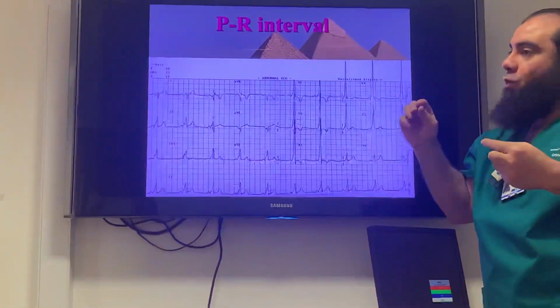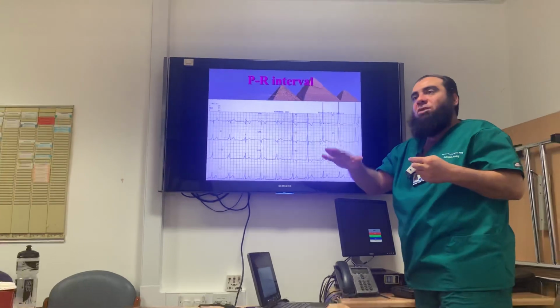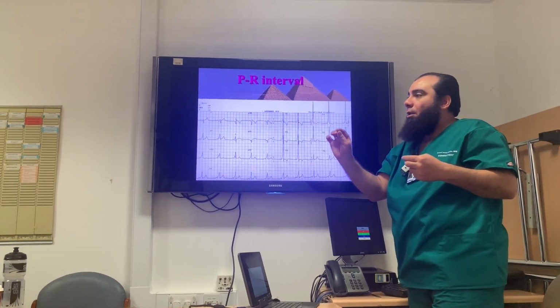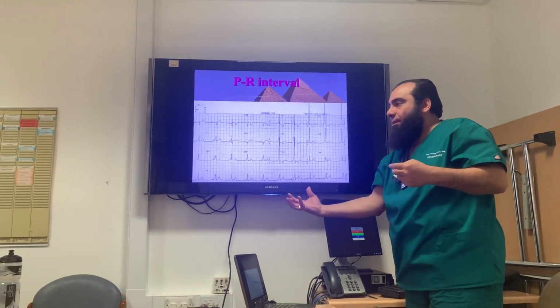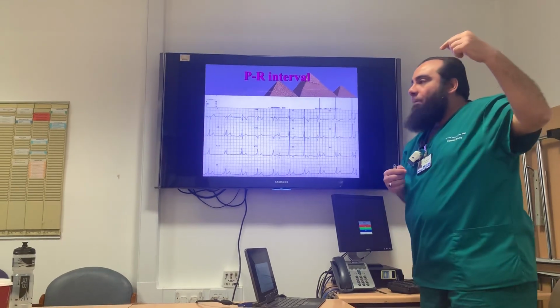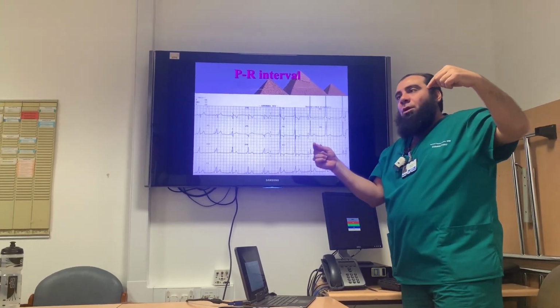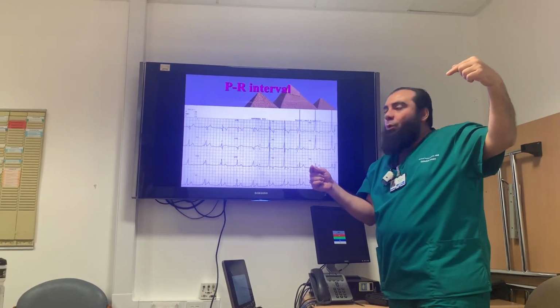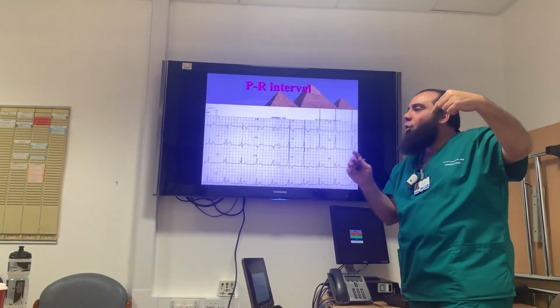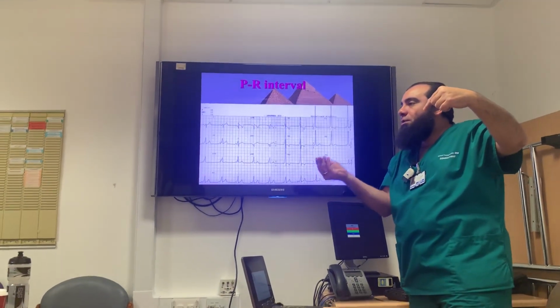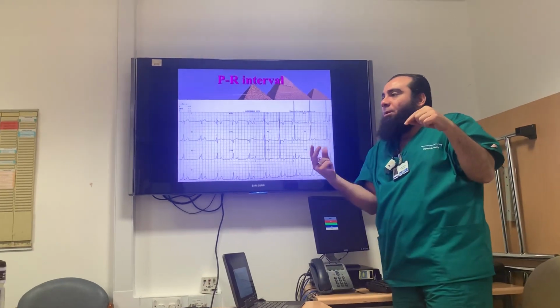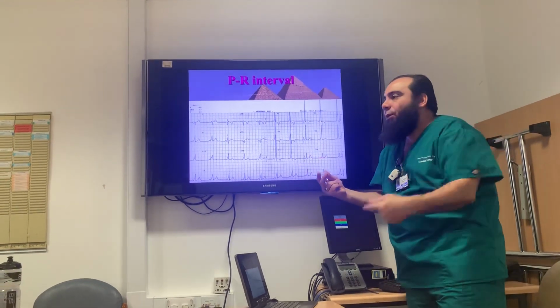Usually, the impulse goes to the AV node to stay there for a while until the ventricle gets filled, isn't it? But in the presence of a pathway other than the AV node, if the impulse can go through that tunnel, it's not going to wait, because the characteristic of that tissue is not the same as the AV node, so it's just going to go through.